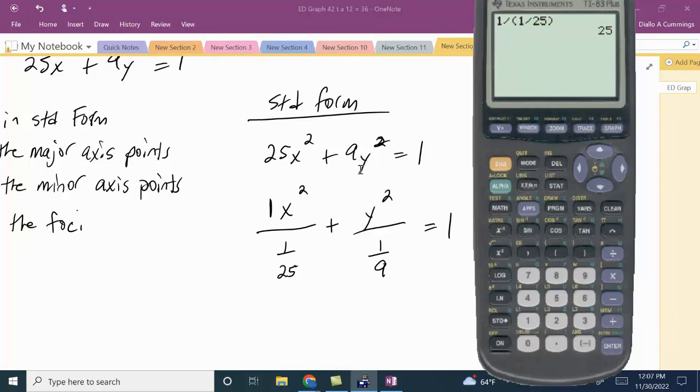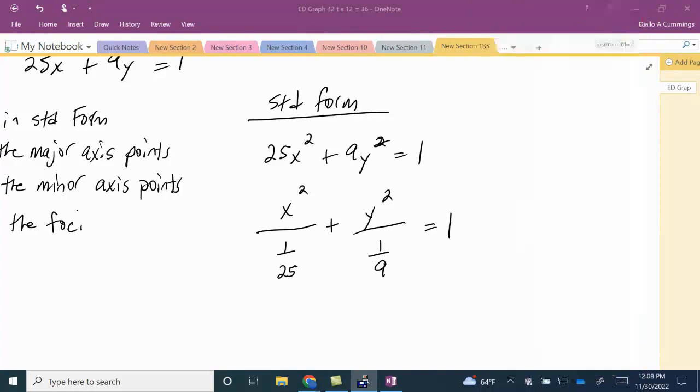That 1 divided by 1 over 25 is actually 25, just rewritten. And the same thing for our y variable: 1 divided by, in parentheses, 1 divided by 9 is 9. So these two equations are exactly the same.